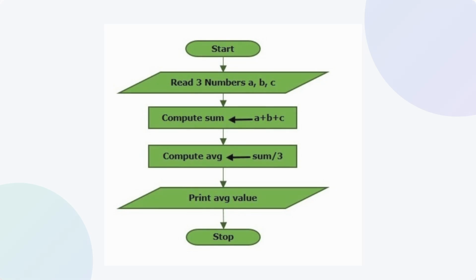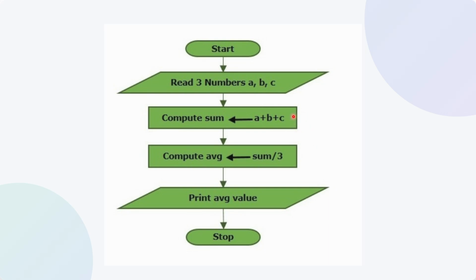Next is a basic example of a flowchart where the user reads three inputs A, B, C and computes the summation and average. First, start is symbolized with an oval. Next, the user gives values of A, B, C, which is represented by a parallelogram. Next are two computations.